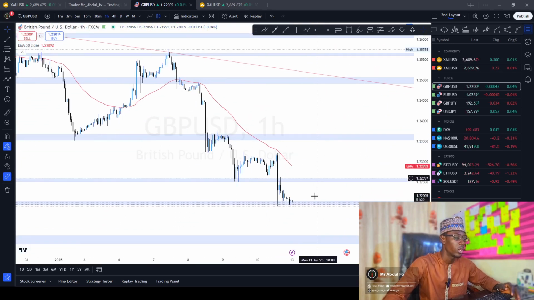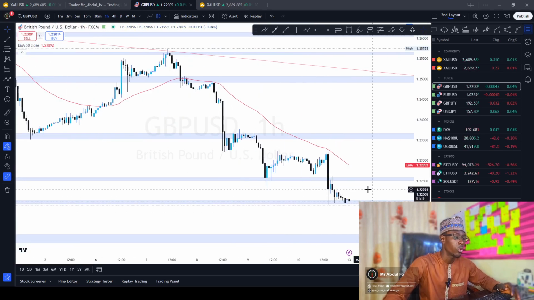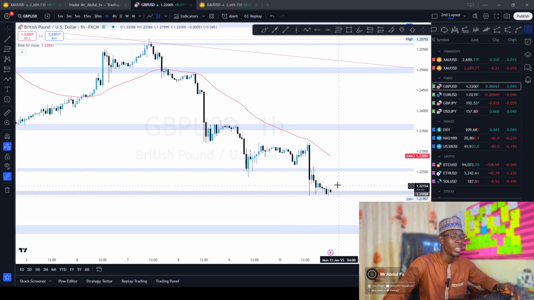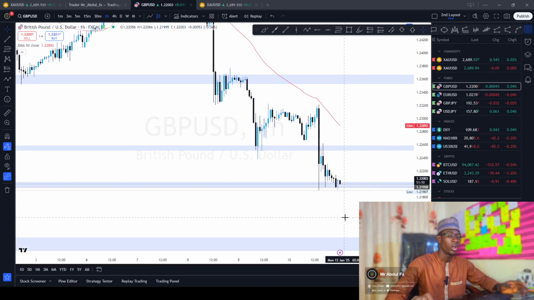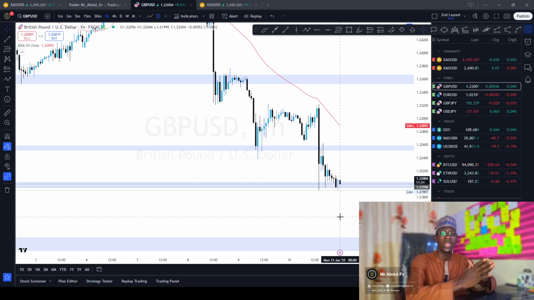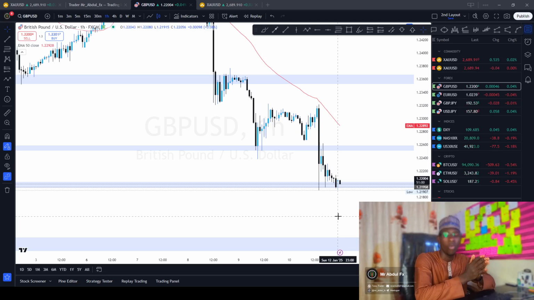Wow, if you look at this, you are going to see that there are shrinking candlesticks. This shrinking candlestick is confirming momentum loss, and possibly we might see a reversal because the bearish momentum that drove the downtrend is kind of over. So buyers are now in the market and looking to see how they can capitalize on this.